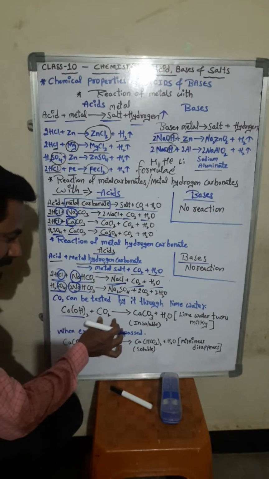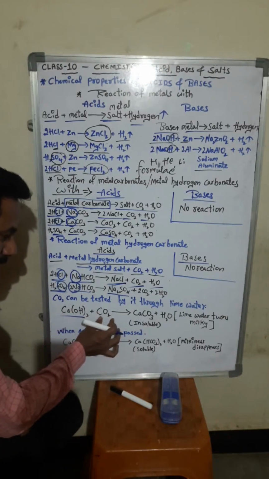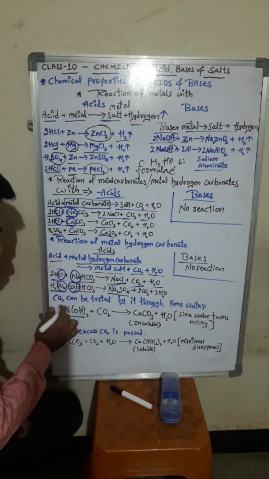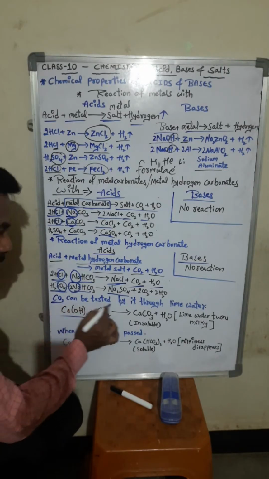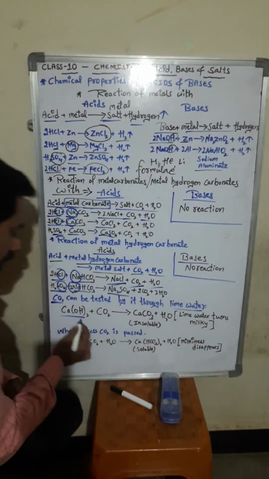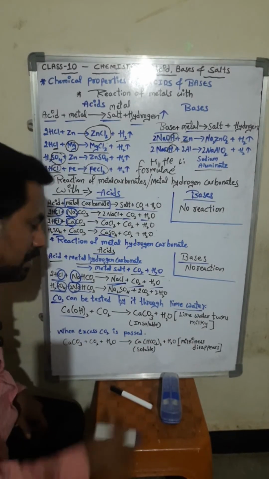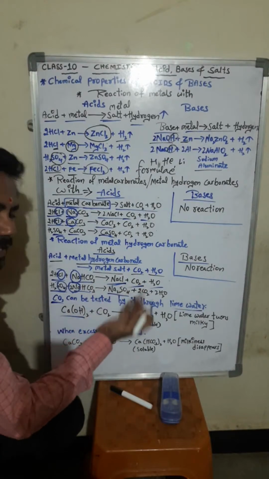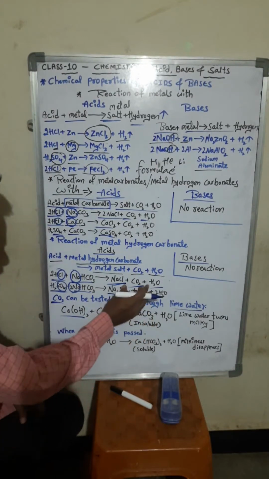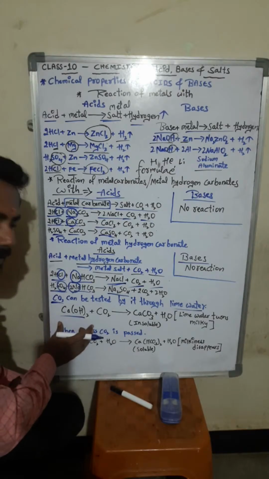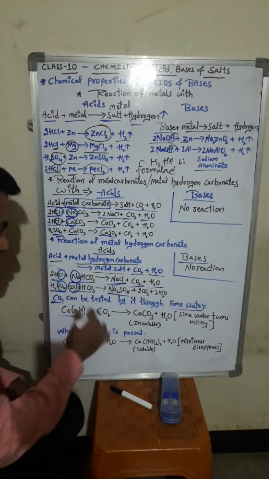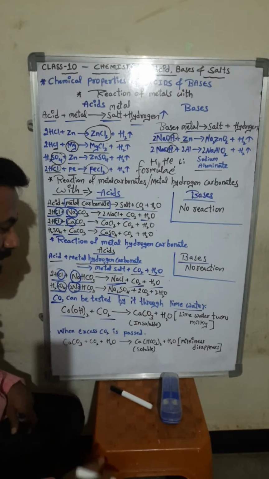Which gas? Carbon dioxide. So this carbon dioxide can be tested through lime water. So how can we easily identify whether a substance gives carbon dioxide? We take calcium hydroxide and add this carbon dioxide gas.